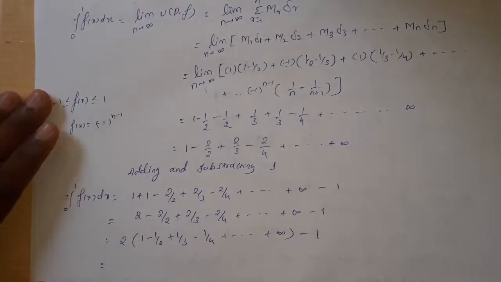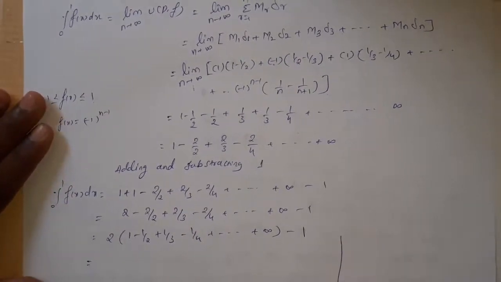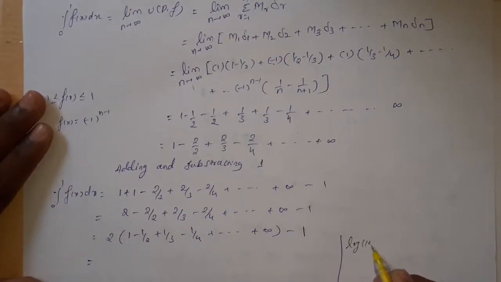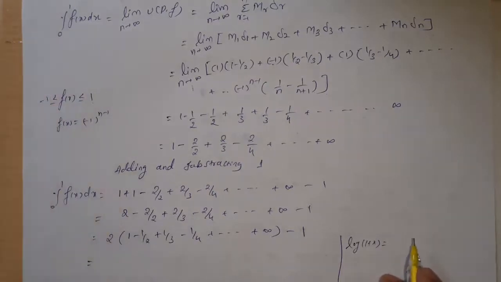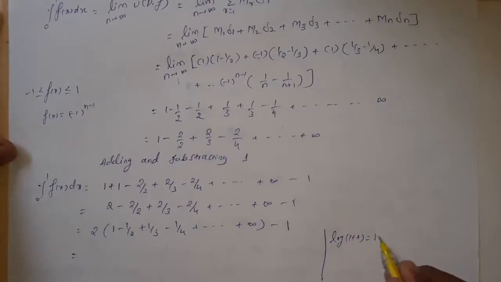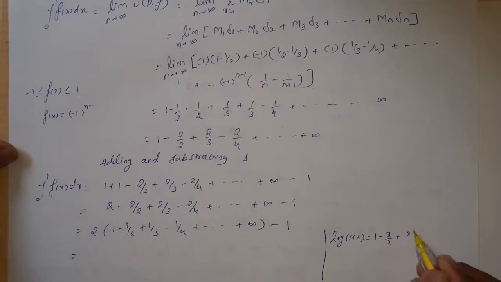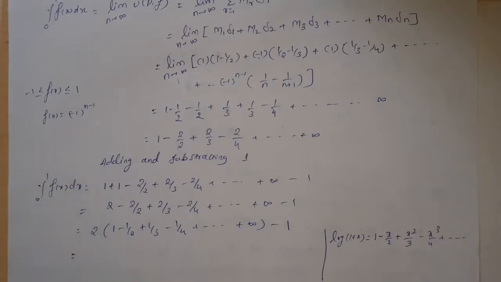Then here by using the expansion that log of 1 plus x is equal to x minus x square by 2 plus x cube by 3 minus x to the power 4 by 4, and so on up to infinity. If x equal to 1, that is 1, 1 by 2, 1 by 3, 1 by 4. If x equal to 2, that is 2 by 2, 2 square by 3, 2 cube by 4, and so on.